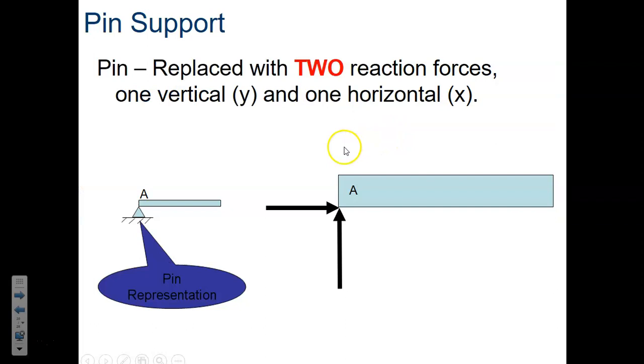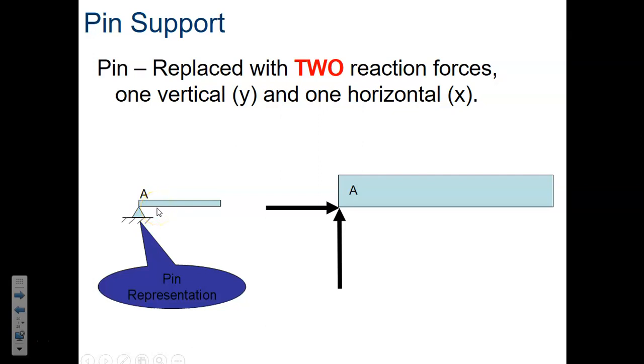All right. When you see a pin connection, which on a truss will be represented as a triangle, I don't like this representation because it looks like it's just resting on it, but the triangle represents a pin connection. You're going to replace this pin connection with two reaction forces, one vertical and one horizontal.